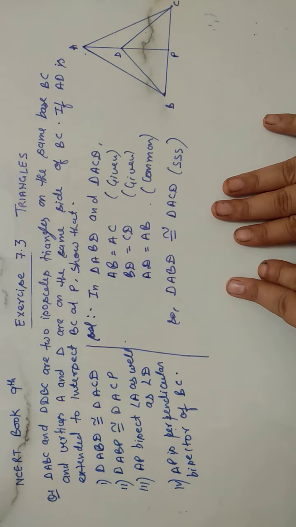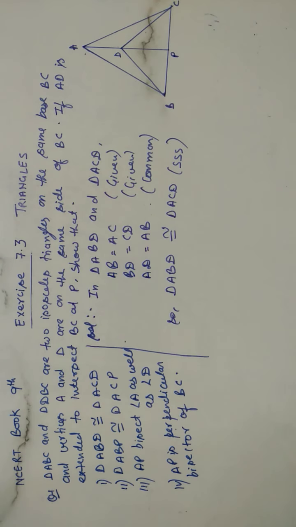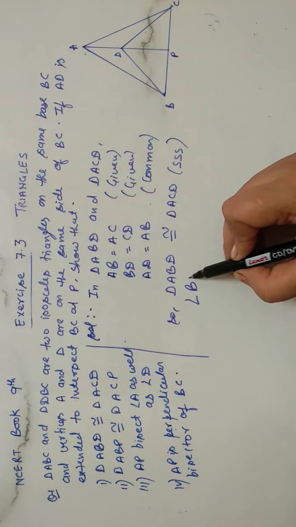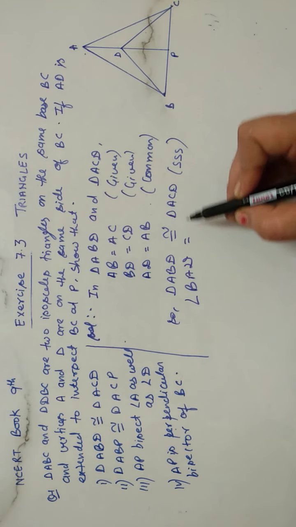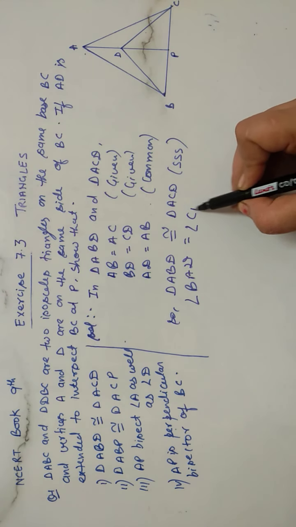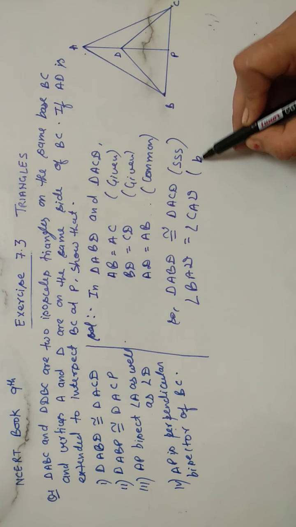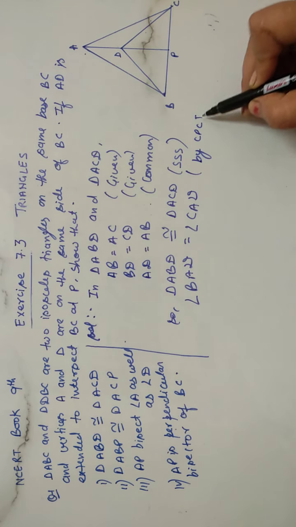Now once we have proved that these two triangles are congruent, we can say that the angles are also equal. Angle BAD equals angle CAD, by CPCT.